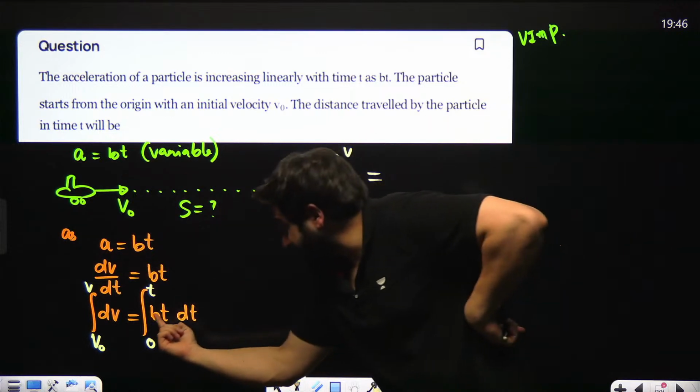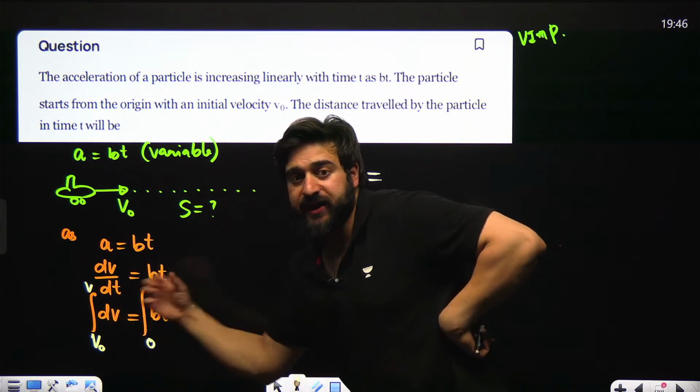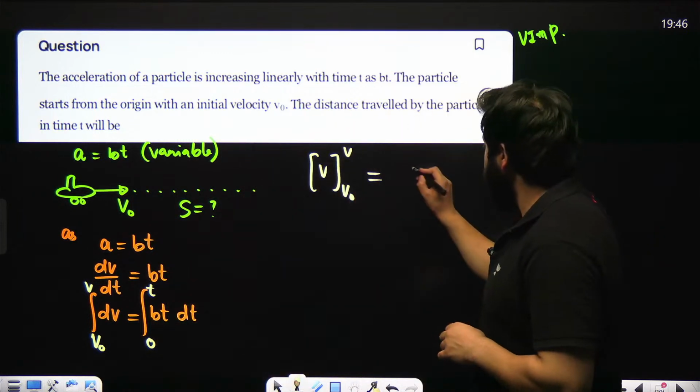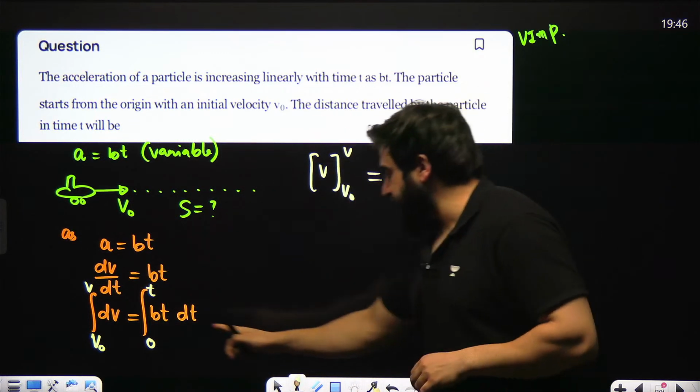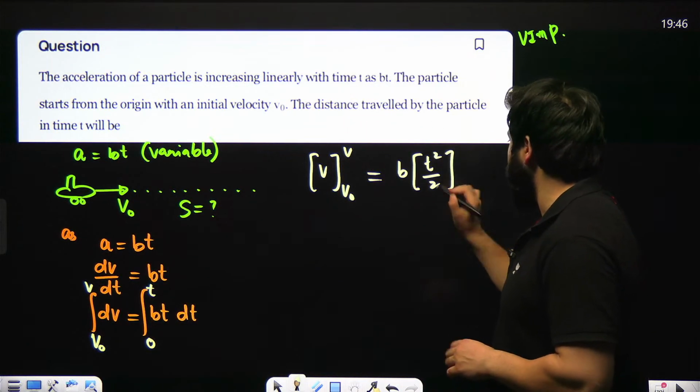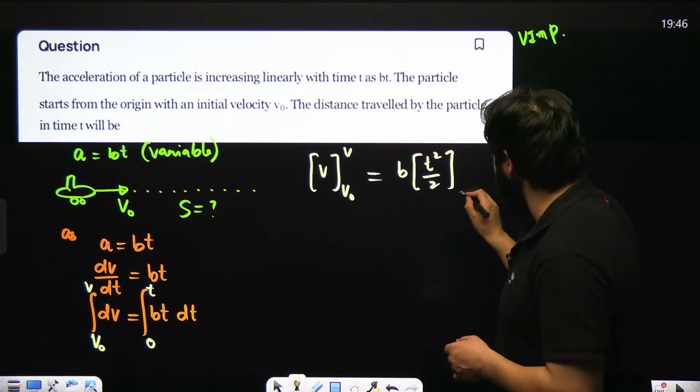Now, what is the integration of bt? b is constant, take it out. The integration of t will be t square divided by 2, and limits are from 0 to t.